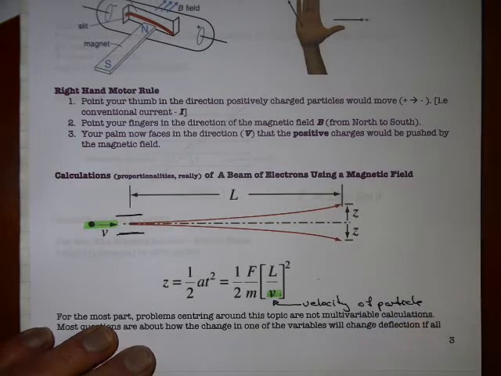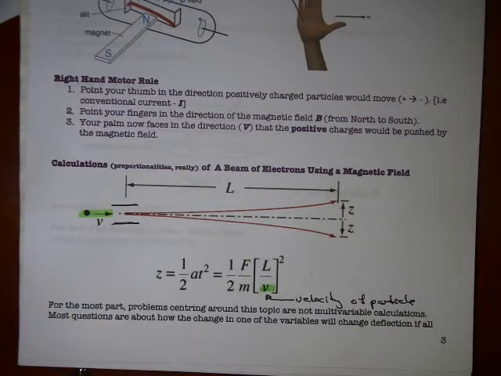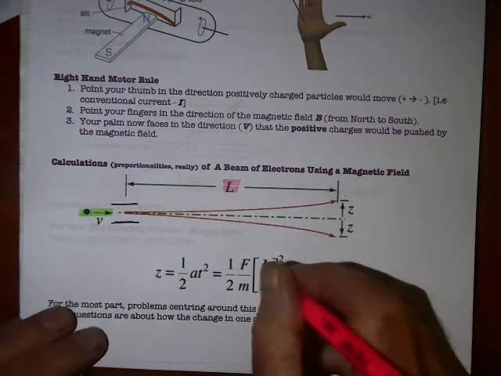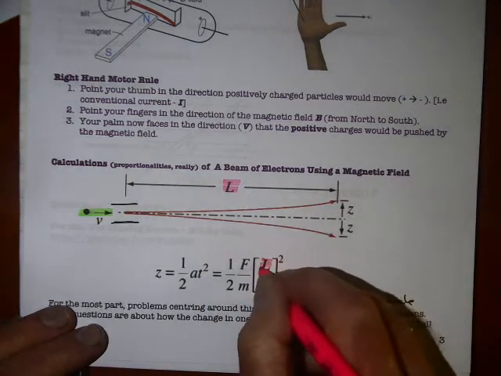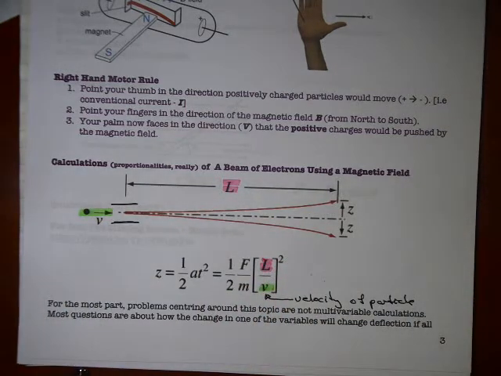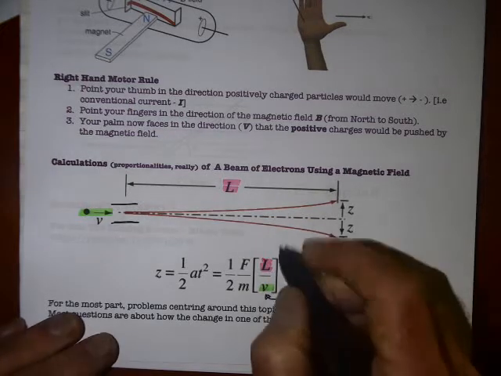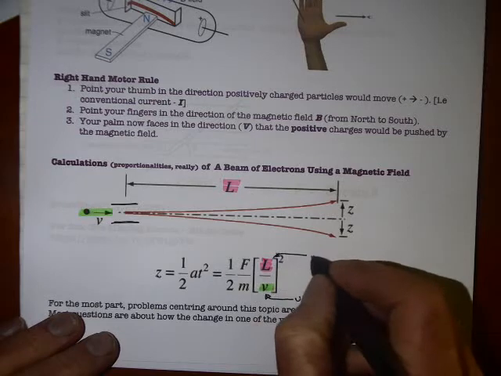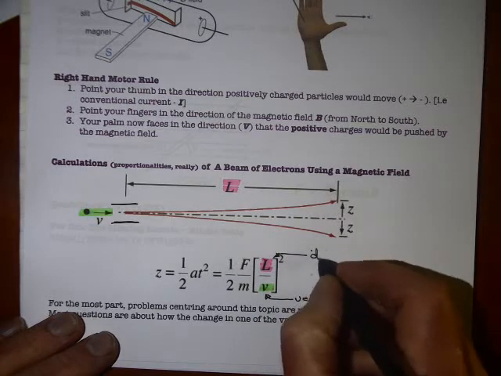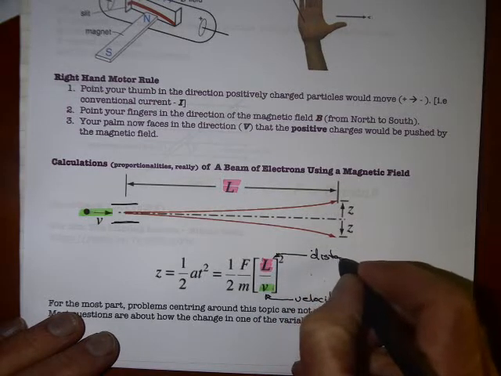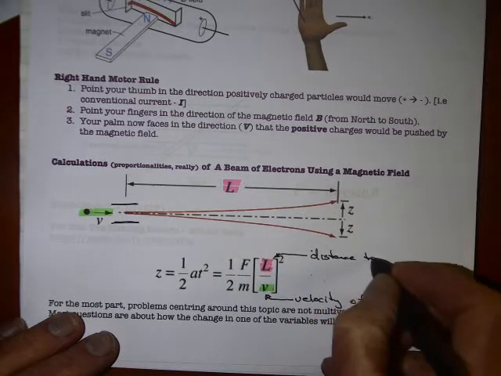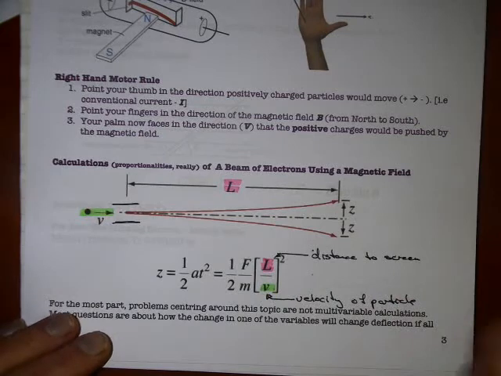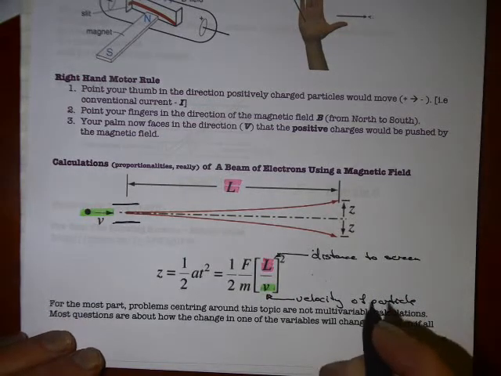This length here is here. So this is the distance to the screen. Basically, the screen being the end of the cathode ray tube.